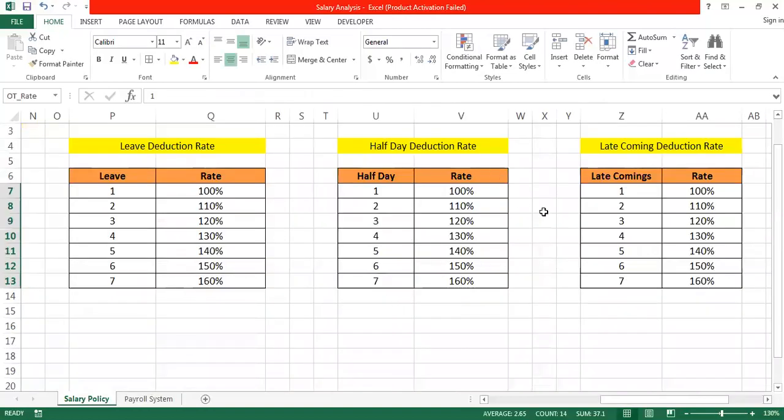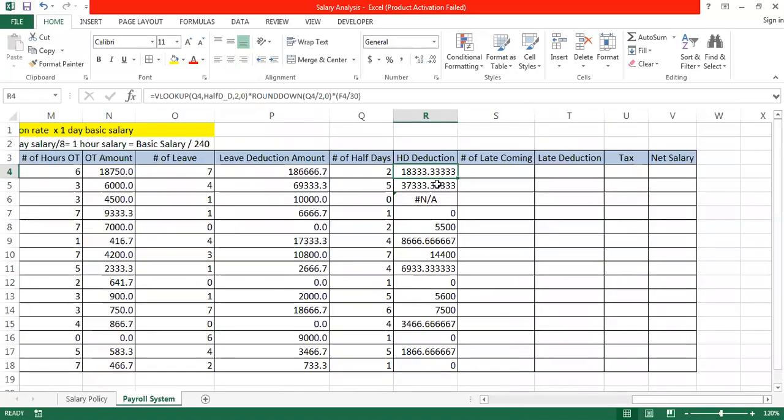If we have the same rate, then you would know that there will be no deduction. But over here we are not deducting the third half day, but the rate has changed, due to which the value is changed. So on 2 half days we have a 110 rate, and on 3 half days we have a 120 rate. If I fix the number of half days rate, then there will be the same deduction on 2 and 3. For the third half day there will be no deduction. All right. Since I have changed the rate, on the basis of the rate changing, the value is changing.